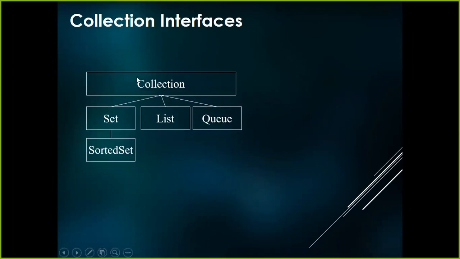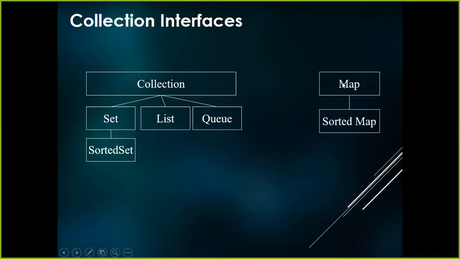Collection is my super interface. Under that, I have the set interface, list interface and queue, these basic ones, and I have a map. Generally, when we talk about collections, these are the four things we discuss: set, list, queue, and map.